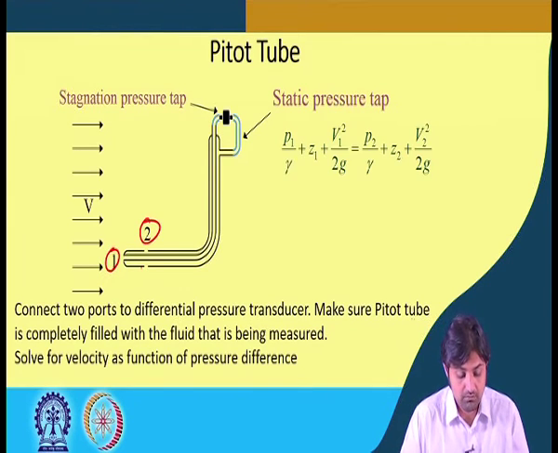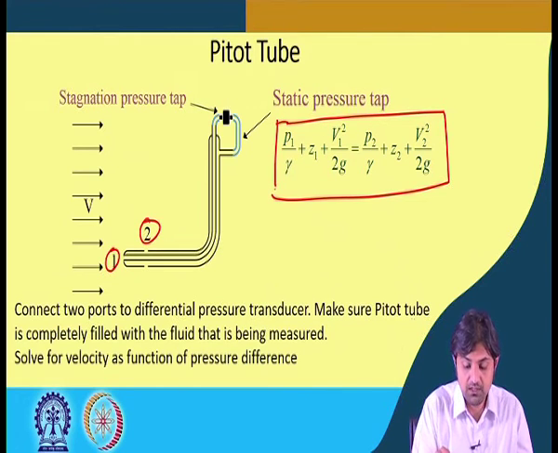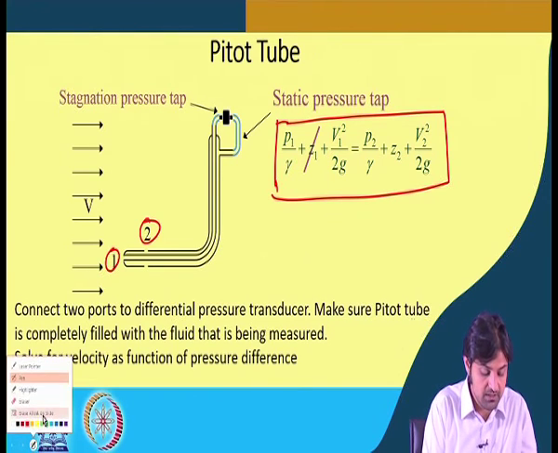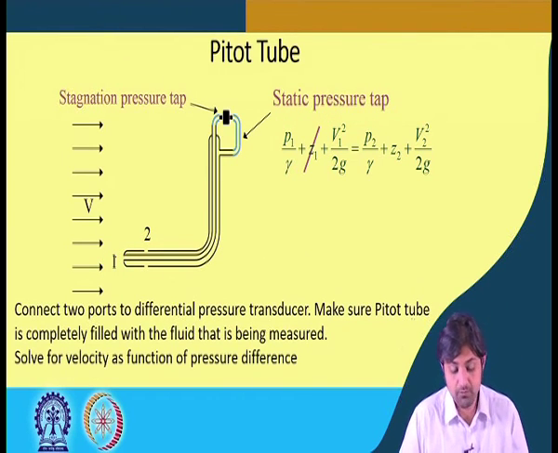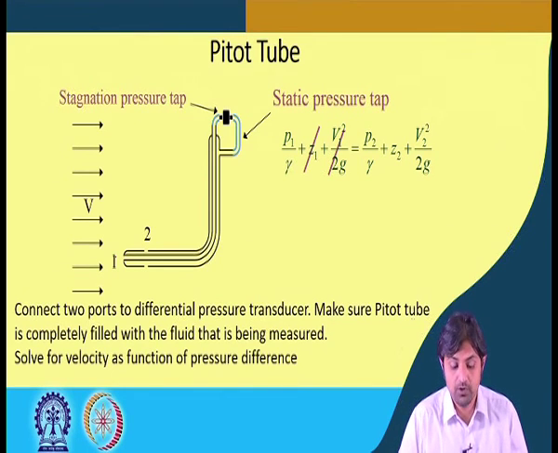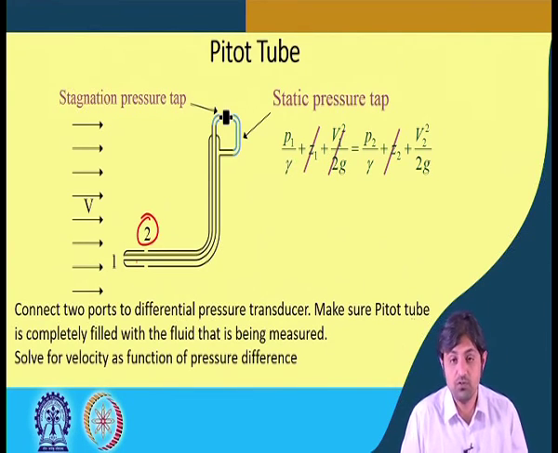So, it measures pressure at point 1 and at point 2. Bernoulli's equation says P1 by gamma plus Z1 plus V1 square by 2G is constant. Here Z1 is 0 at point 1, we assume that is the datum, and because it is a stagnation point, the velocity at 1 will also be equal to 0. Point 2 is also at the datum, so Z2 is also equal to 0.